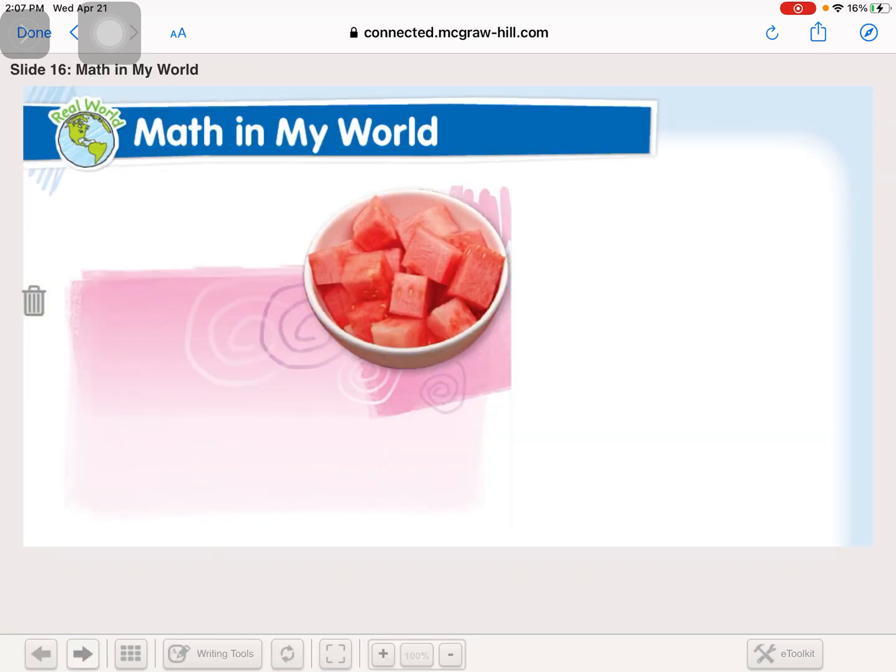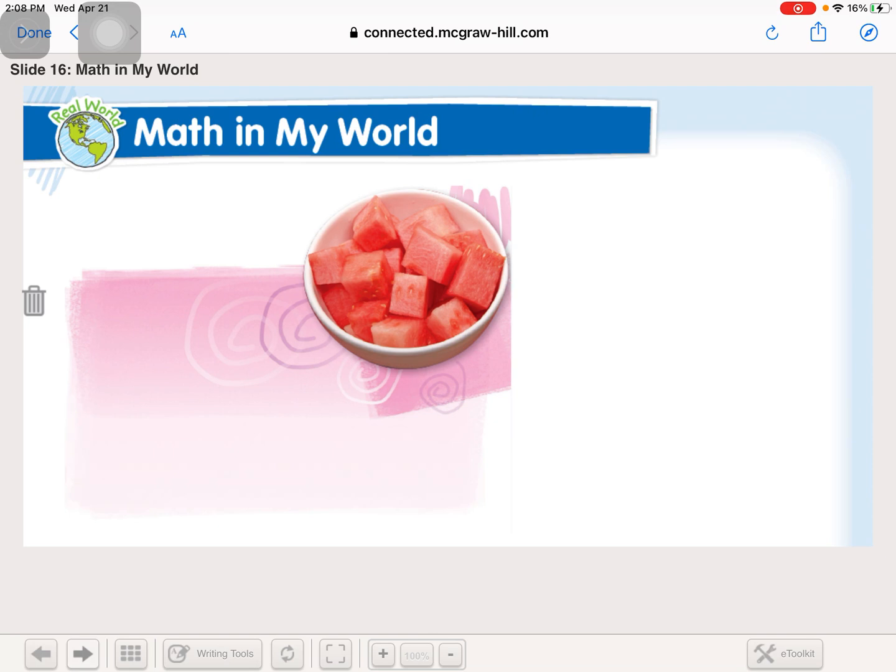Okay, so go ahead and open up to your Math in My World page on page 771 in your MyMath book. It says, trace one face of a cube, identify the shape, trace the other faces of the cube, describe the faces of a cube. If you can find something in your house that is the shape of a cube, you should at least have dice from your math manipulative kit that you got at the beginning of the school year.